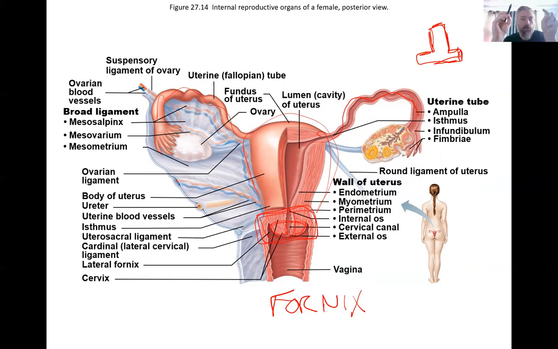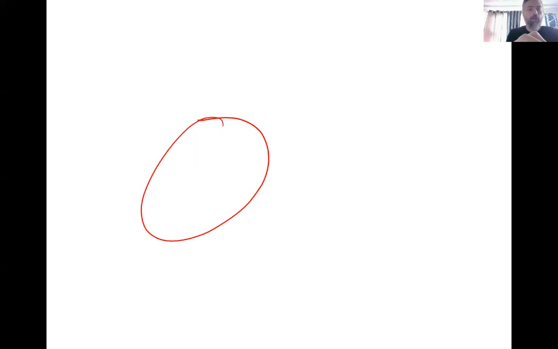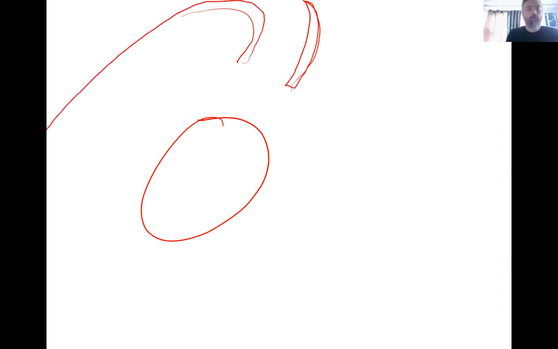Here, the ovary is not actually directly connected to the uterine tube at all. It's kind of nearby. So if here's our ovary, the uterine tube kind of comes around and is just here. It's just kind of nearby.